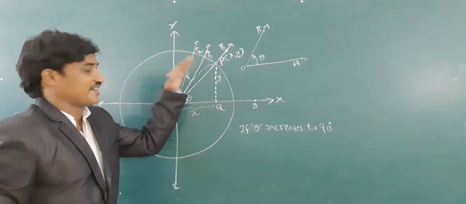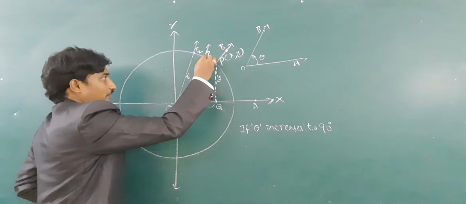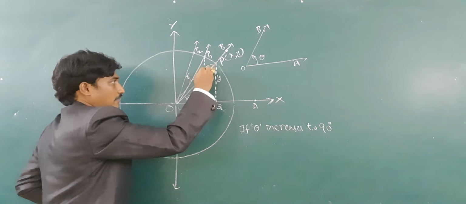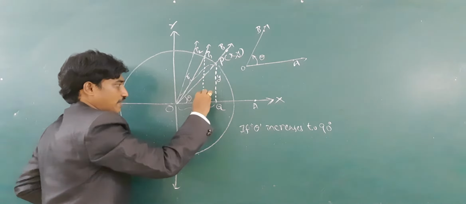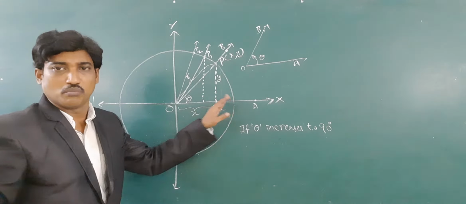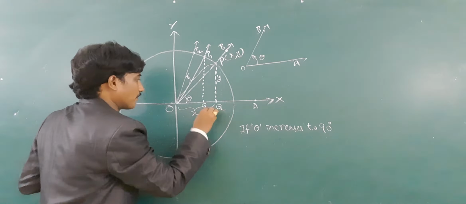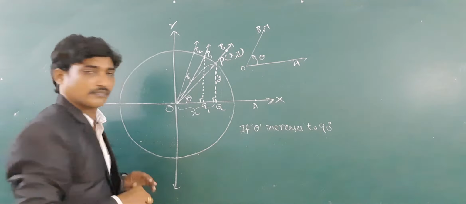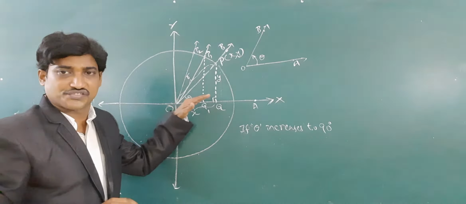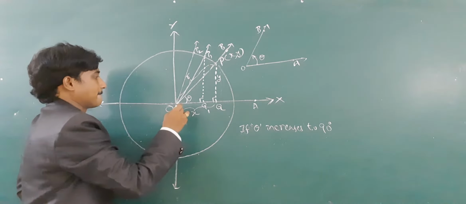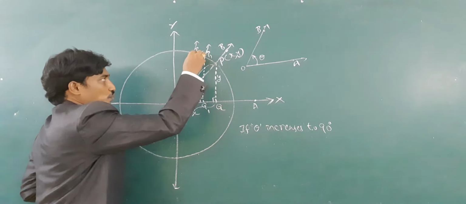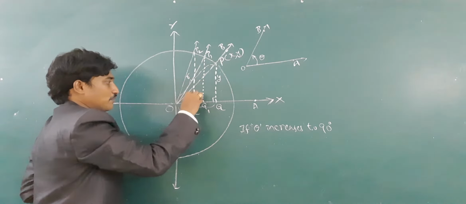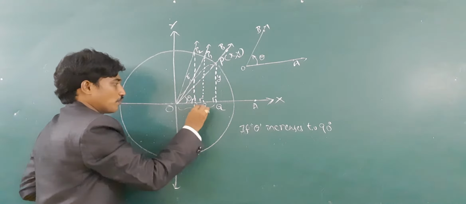If theta increases to P1, if theta increases to theta 1, then Q moves to Q1. If theta increases some more, the foot of the perpendicular moves to Q2.